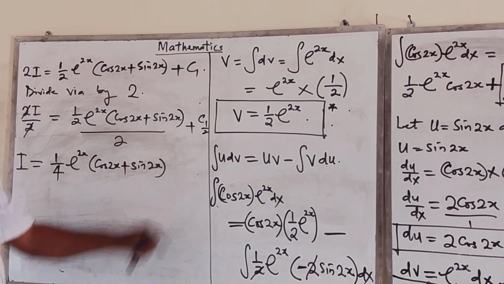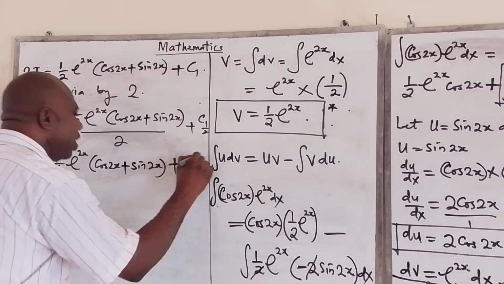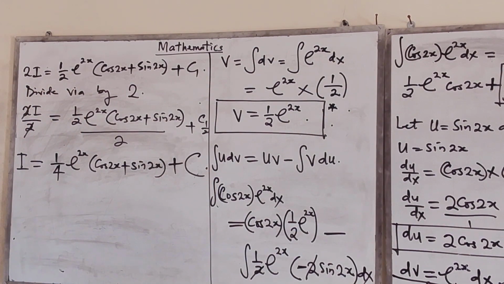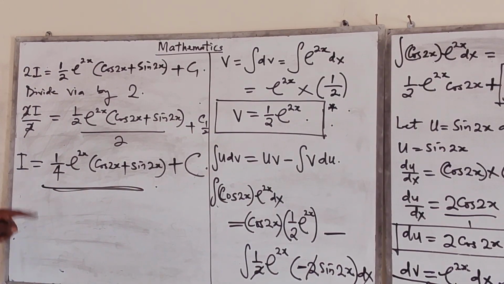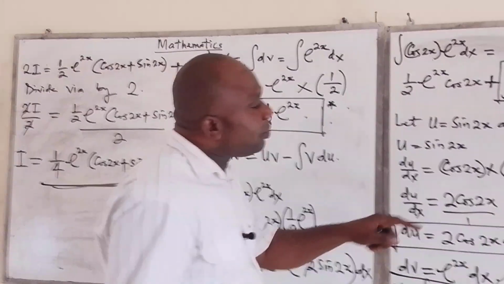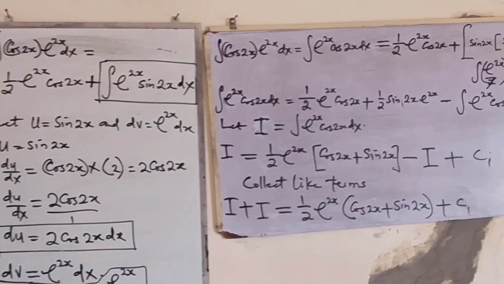Now, since this is constant, C1 all over 2 now is the same thing as a constant, so here we call it big C. So this is the integral of this. So remember the value of our I. We said let I represent the integral of e raised to the power of 2x cos 2x dx.